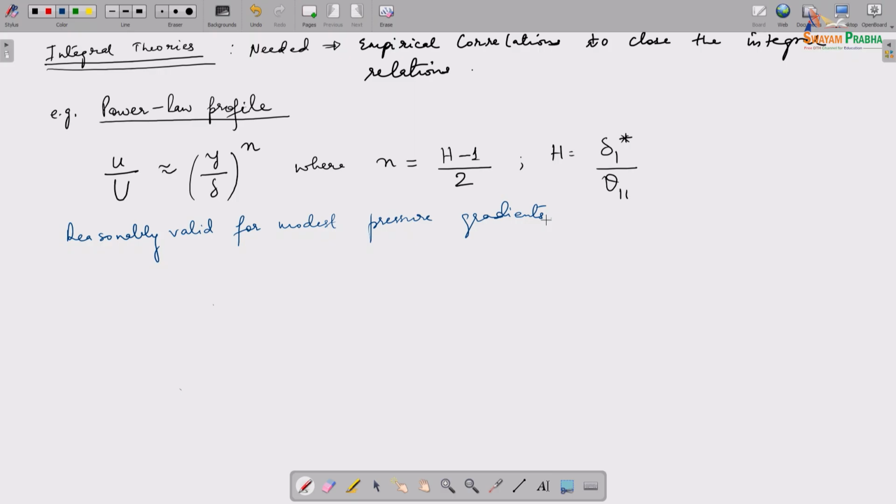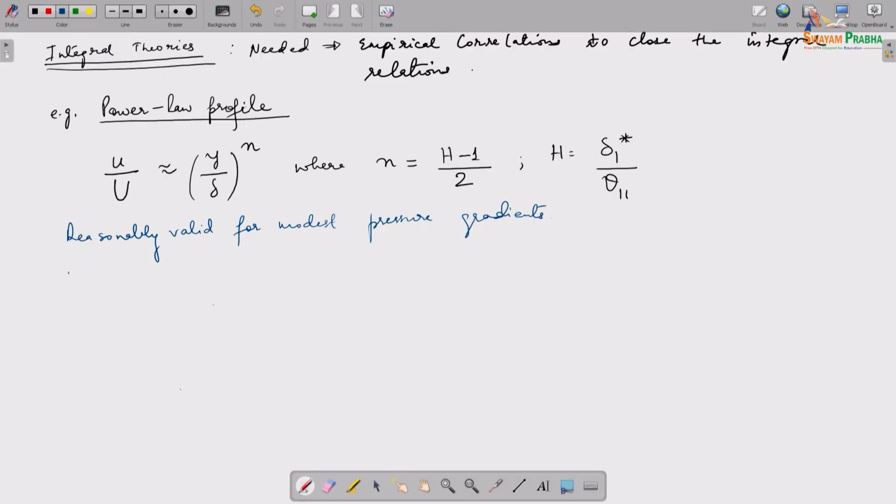These are pressure driven boundary layers, and the pressure gradient is basically modest. It is a poor approximation near the separation point.